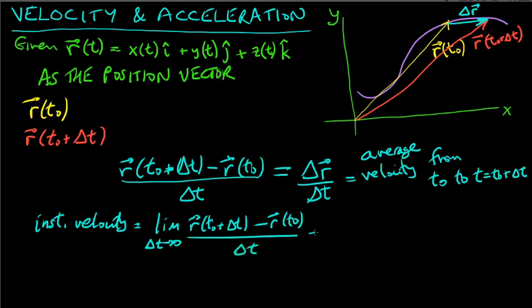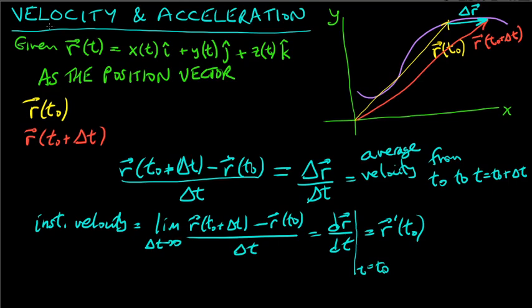And this is what we've been calling dr over dt, or r prime of t. Particularly r prime of t0, so this is evaluated at t equals t0. It's the derivative at a particular moment in time.